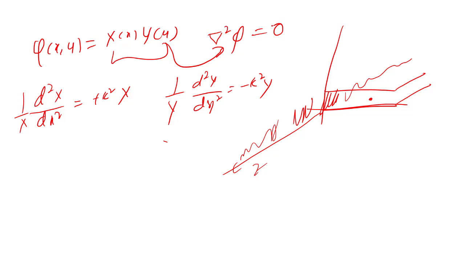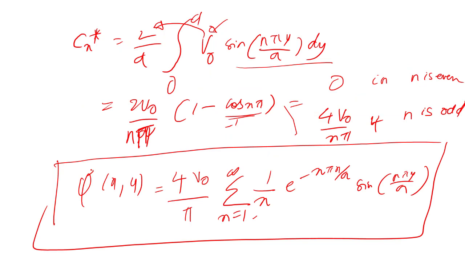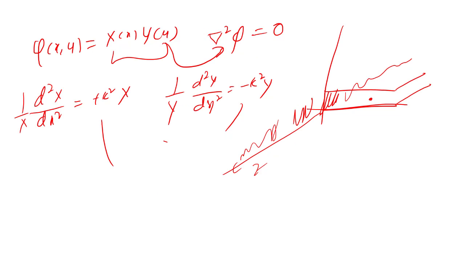From here, we saw that we could choose e to the power kx and e to the power minus kx for X, and for Y, we could choose c sine ky plus d cosine ky. And then we had four boundary conditions: phi equal to 0 when y equals 0, and phi equal to 0 when y equals a.